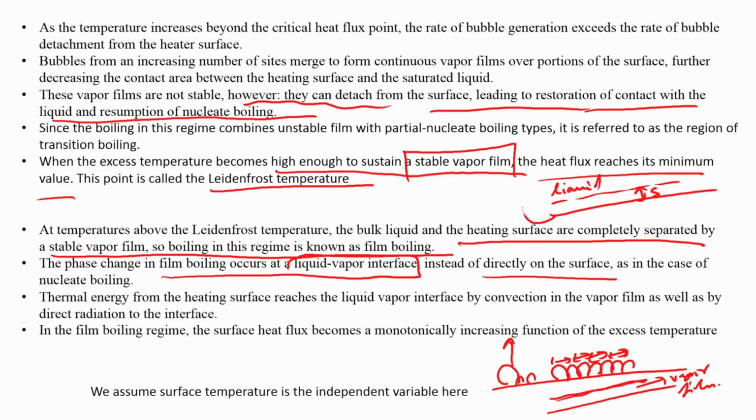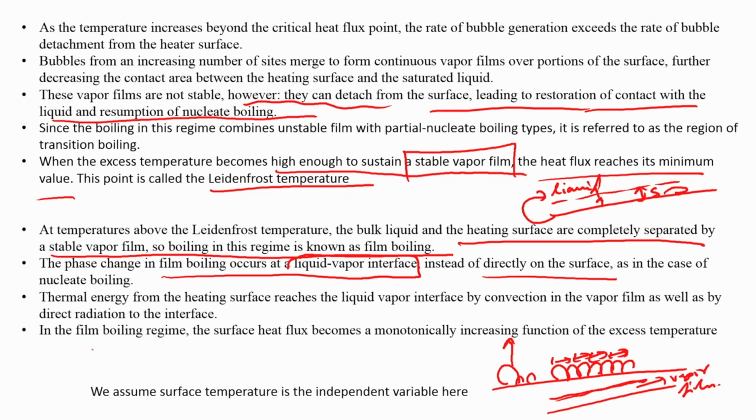Heat is not directly transferred from there to there, it passes through this vapor layer. It is a liquid vapor interface across which the heat is transferred. The thermal energy from the heating surface reaches the liquid vapor interface by convection in the vapor film. So, within the vapor film there is convection, and that is how you get to the interface. It can also happen by direct radiation.